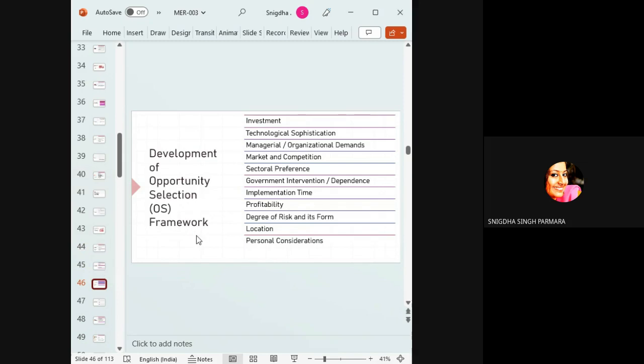The next stage is development of opportunity selection framework, or OS framework. Being open to any opportunity does not mean taking any action at all.